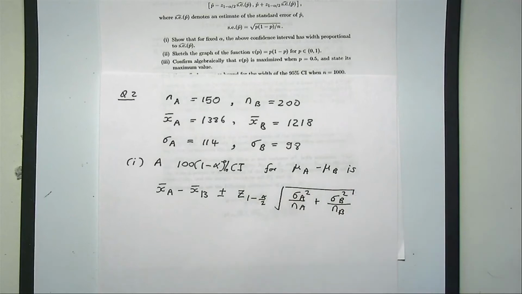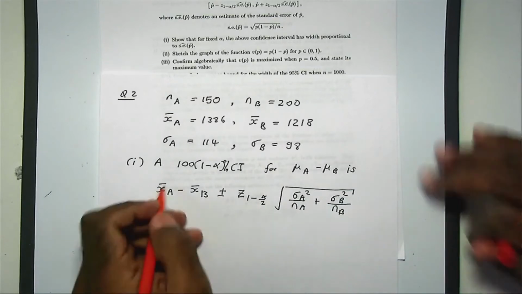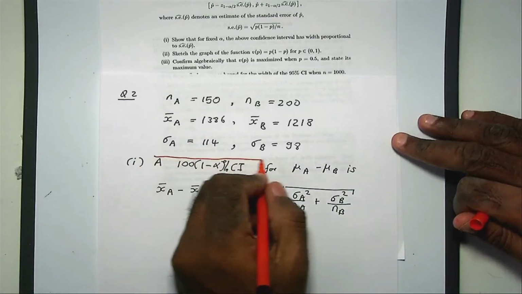Okay, so this is the formula. You should look in the notes, or you should look in the video on two sample confidence interval. You will see this formula.